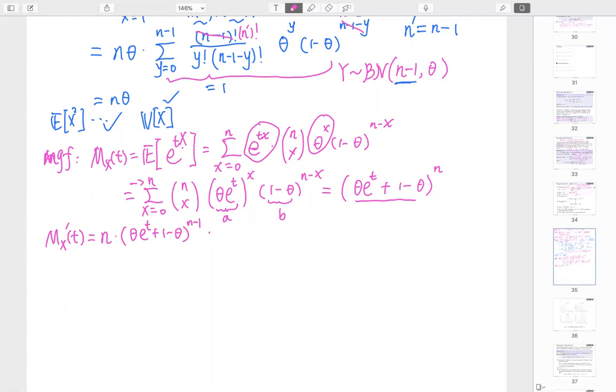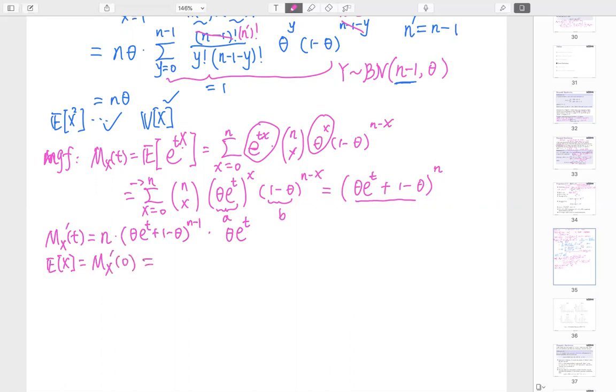Then we do the inside. Again, this function is a function of t. So 1 minus theta, or theta, is a constant, so the constant stays. Exponential, when I differentiate, is the same. Then plus a constant gives me 0. So I know my expectation will be the first derivative of my moment generating function at 0.